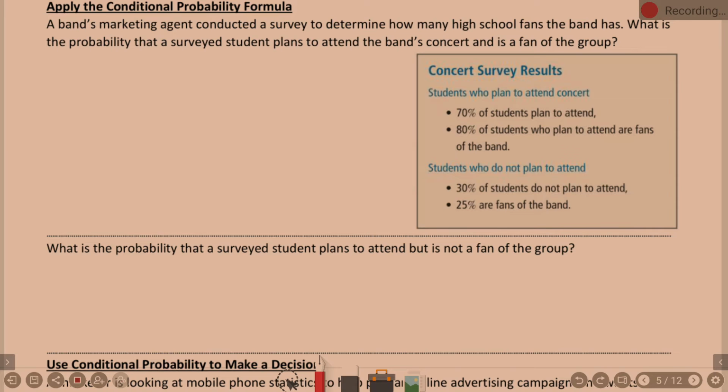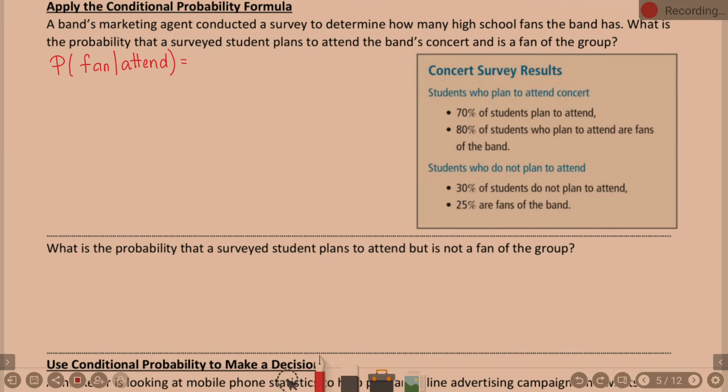And so I'm going to set this up because I want you to see the formula. The group we need to talk about is the probability that a student is a fan given they plan to attend the concert.